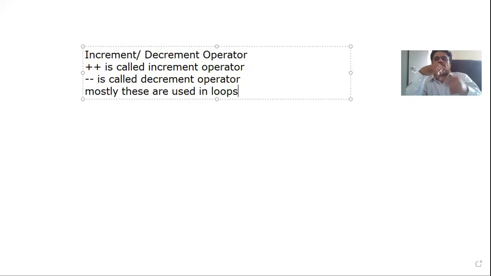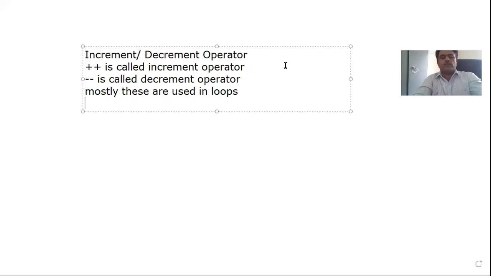If you want to repeat the same transaction, starting and executing, again starting and executing and so on, this is called a loop. So mostly we use the increment or decrement operator in loops.